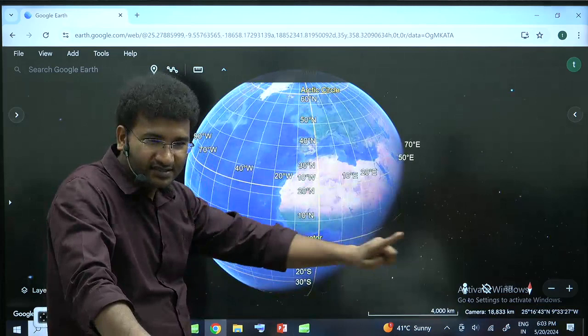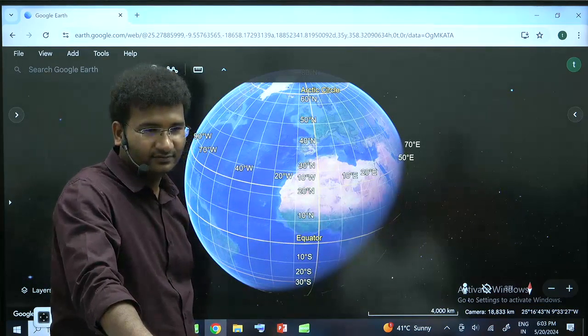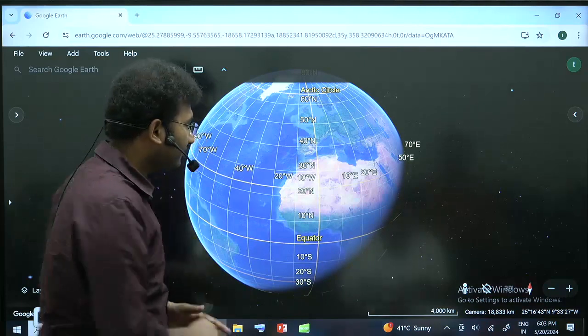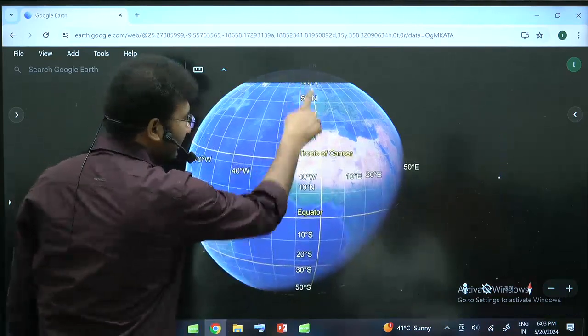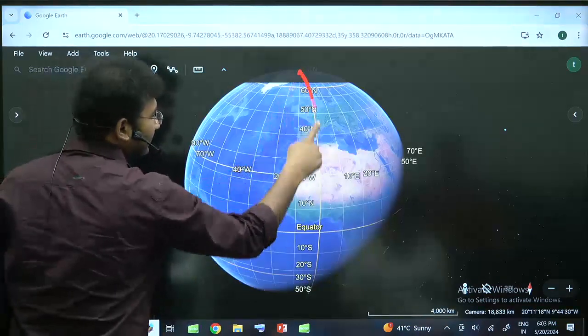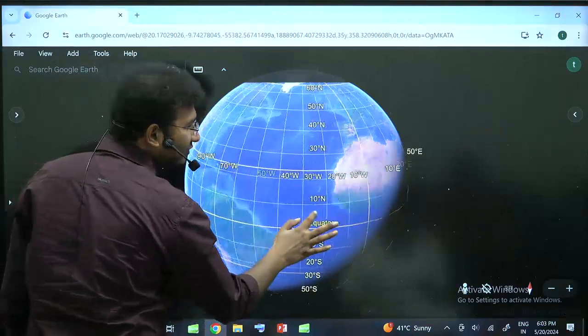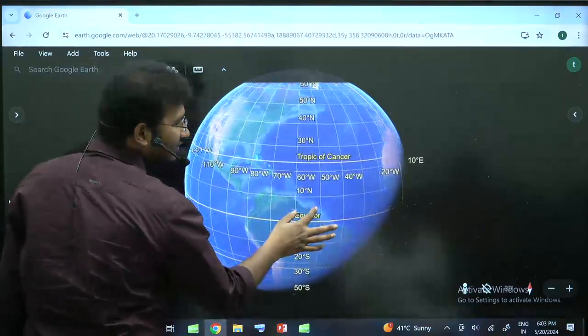Earth rotates how many degrees? Suppose if this is prime meridian, what I'll do is, to make it little more easier, I'll move the prime meridian to here. Can you see this prime meridian?